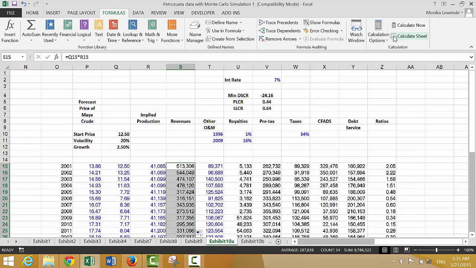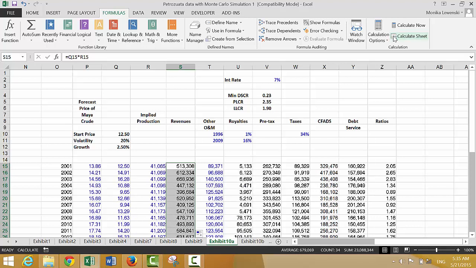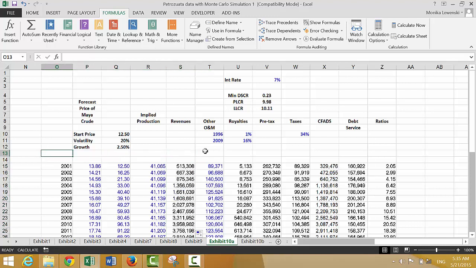The PLCR, interesting, mainly even with this crazy thing without mean reversion is still okay. But that's all we do. Now, if we wanted to make a simulation out of this, we'll do the simulation in the next one. But now let's put in a mean reversion.